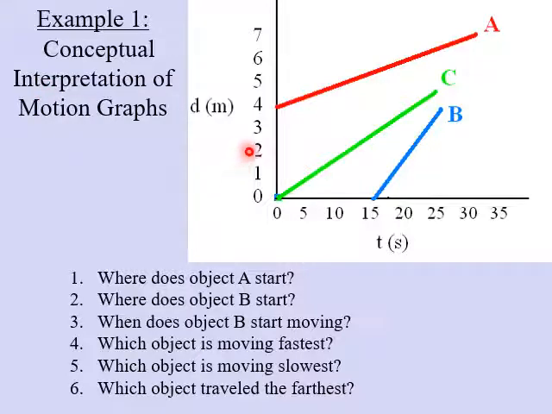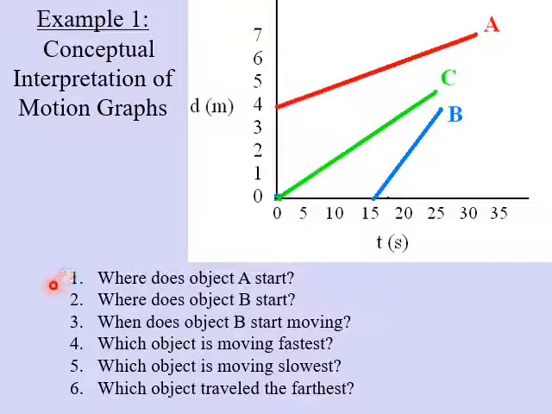This is a standard position versus time graph. Position is shown on the vertical axis, and time along the horizontal axis. And 3 different objects are plotted here: object A in red, object B in blue, and object C in green. So let's ask some questions here.